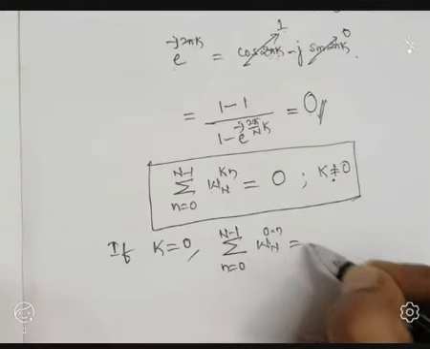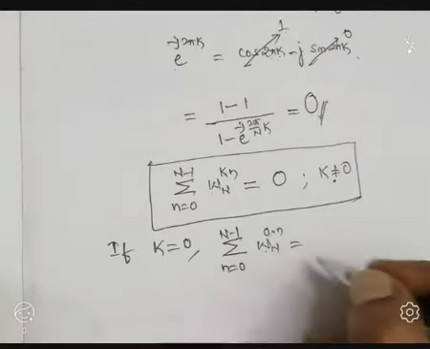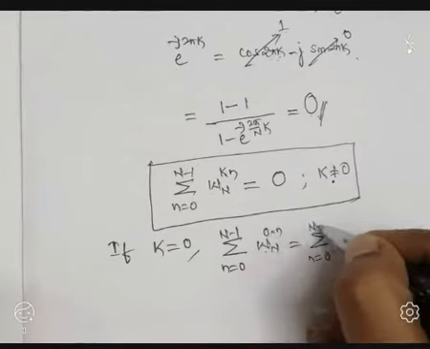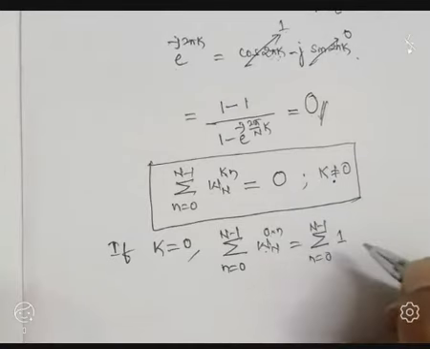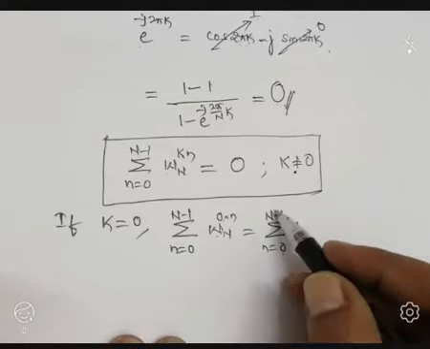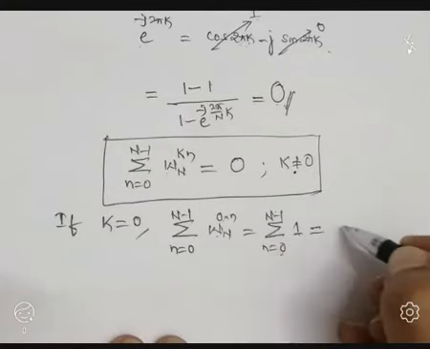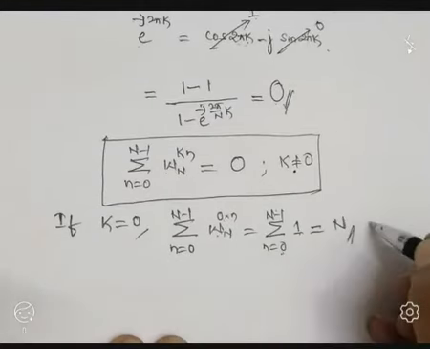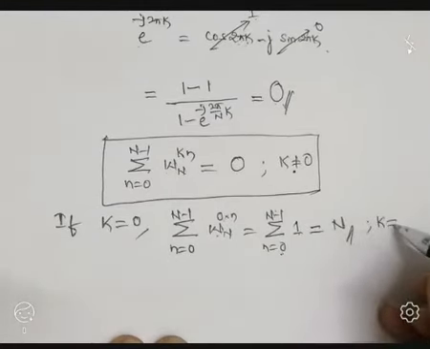Anything raised to 0 becomes 1. So adding 1 how many times? N times. So it results in N. So we got N if k is equal to 0.